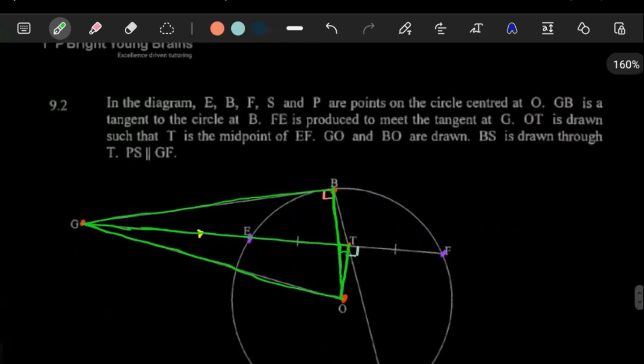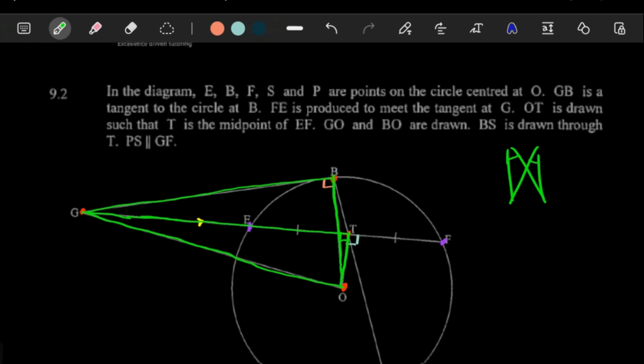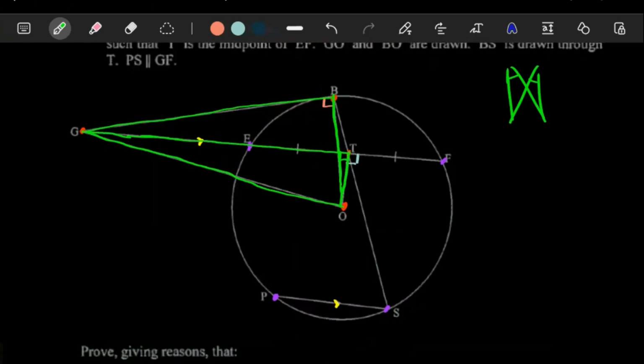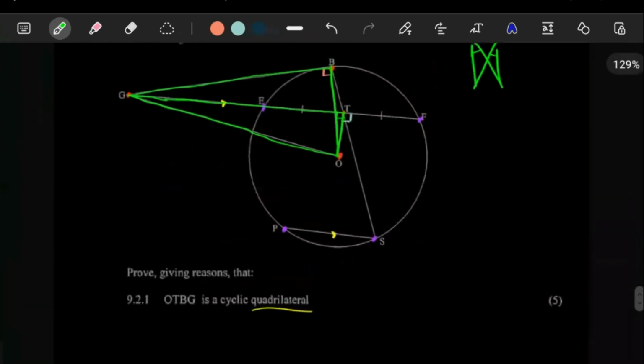Remember, with the cyclic quadrilateral, angles in the same segment need to be equal. So that's the route we're going to take. We're going to say GBO is 90, and then we're going to tell them that GTO is also equal to 90. So let's do that.